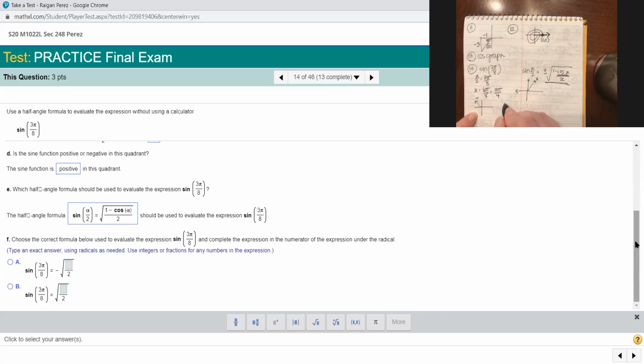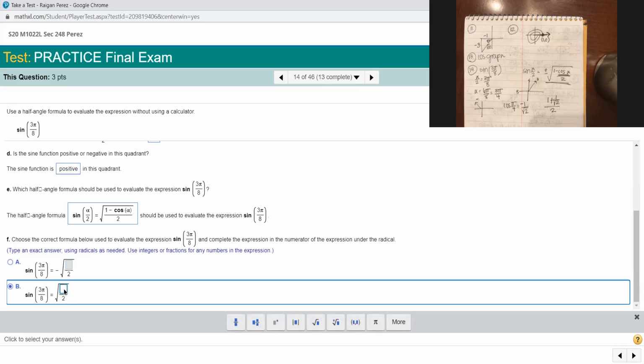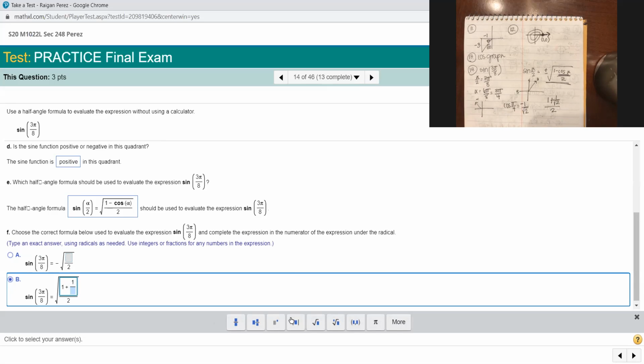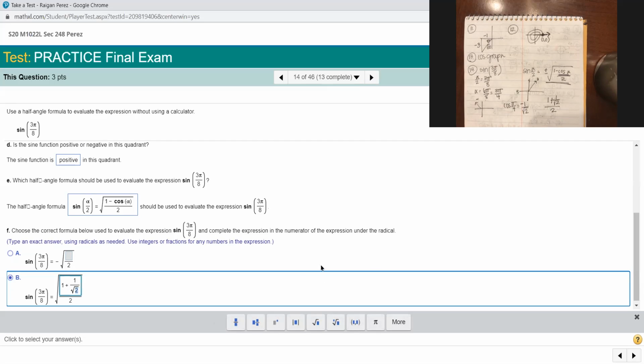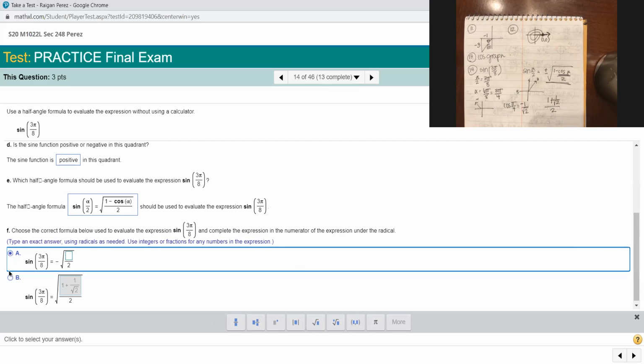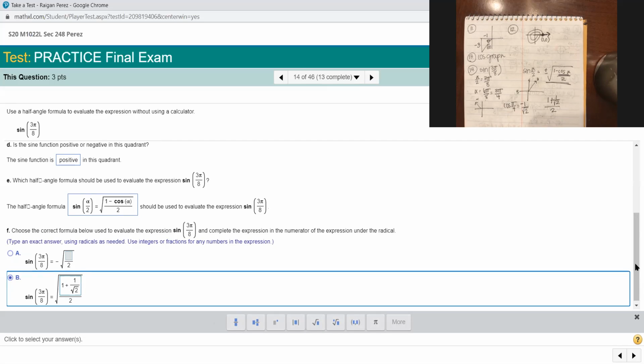So, and then cosine of pi over 4 is 1 over square root of 2, but we're using the negative one. So right here, the 1 actually becomes plus because minus a negative 1 over square root of 2, over 2. So right here, make sure you pick B because that's the positive one. And you're going to type that in. 1 plus 1 over square root of 2. Oh, see, I'll put that one next to it.